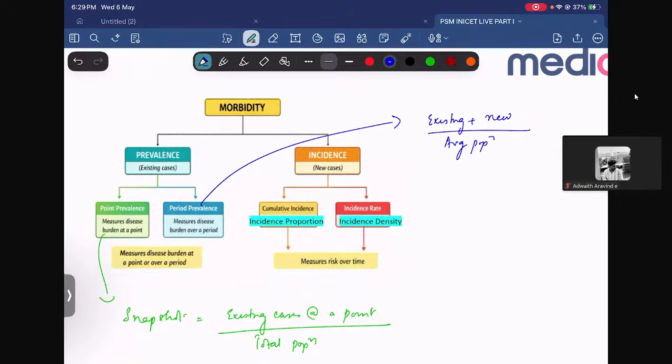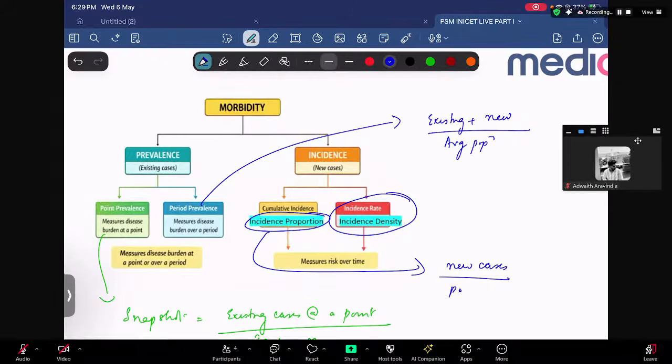Now you have incidence also. Similarly, we have a cumulative incidence, which is also called incidence proportion. Both are the same. Then you have the incidence rate or incidence density, which we just calculated. Cumulative incidence is the simple incidence which we usually calculate. That is new cases divided by population at the start of your study.